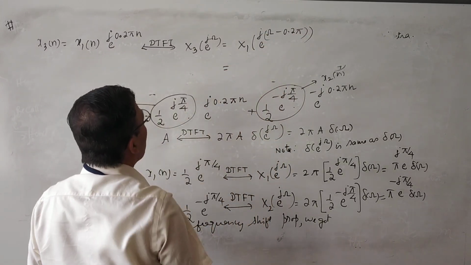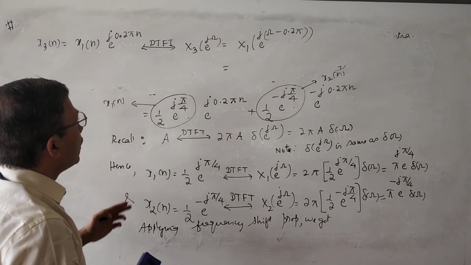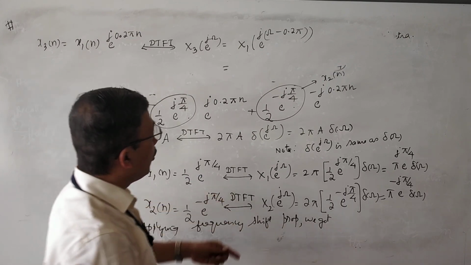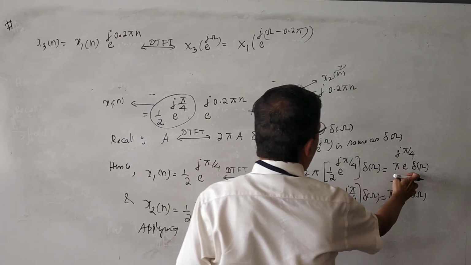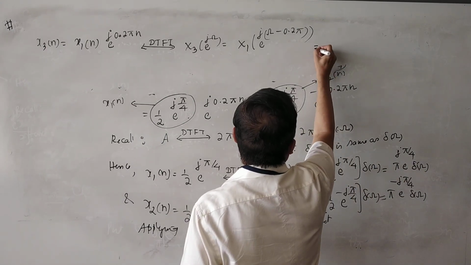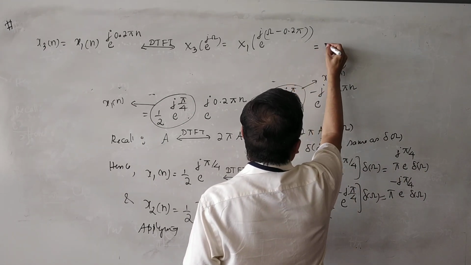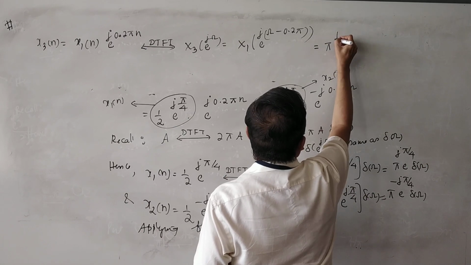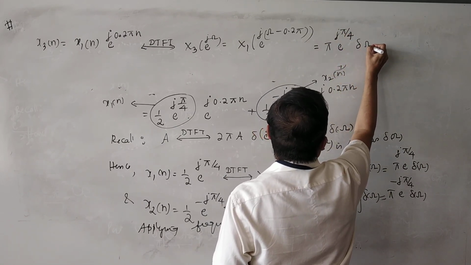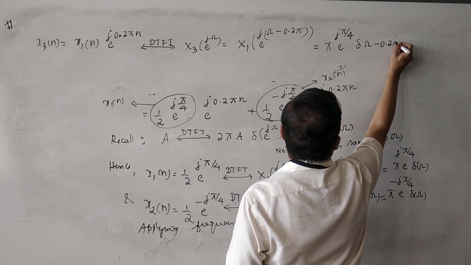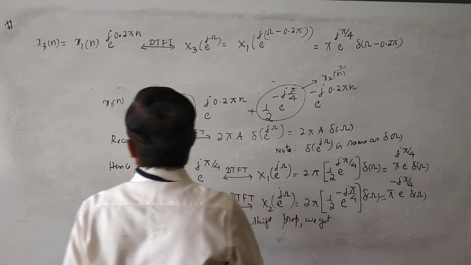What is x1 of e power j omega? This is the expression. Replace in this expression omega by omega minus 0.2 pi. So you get pi into e to the power j pi by 4 into delta of omega minus 0.2 pi.